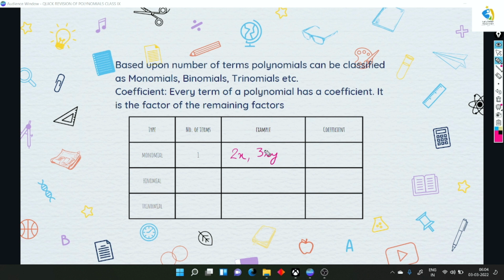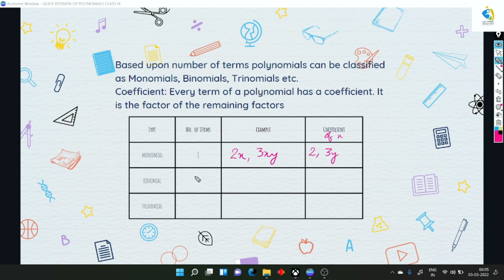Here, if we have to find out the coefficient of x, the coefficient of x in the first monomial will be 2, and in the second one, leaving x, the remaining factors will be 3 into y, so this will be 3y.